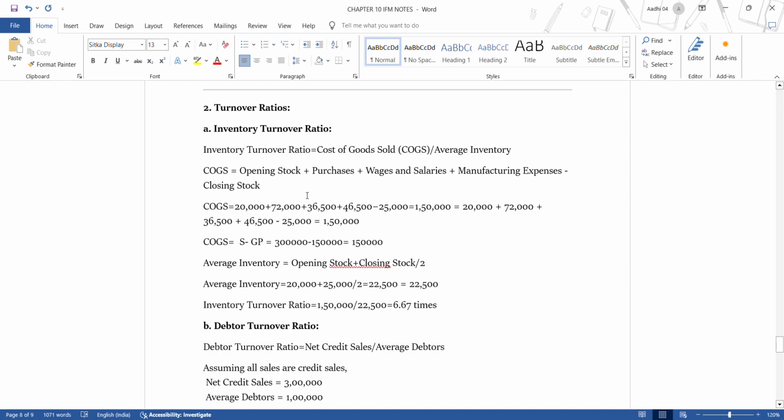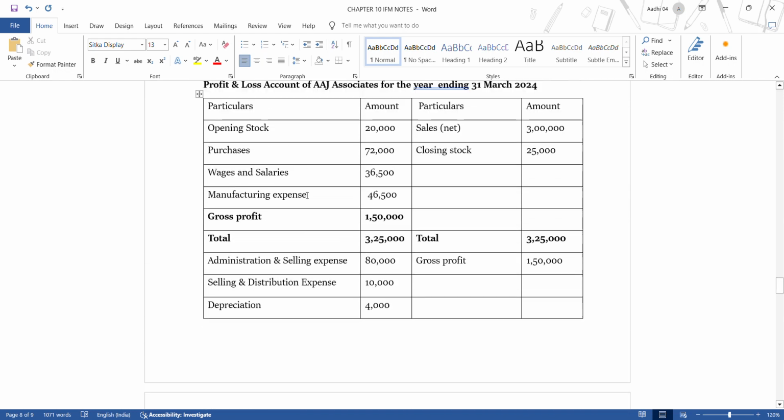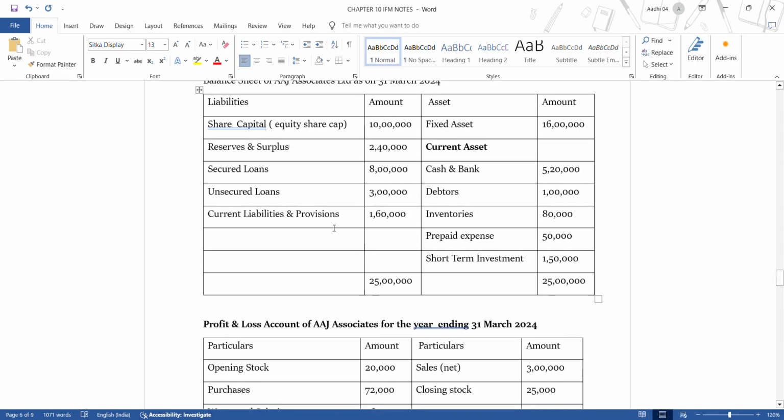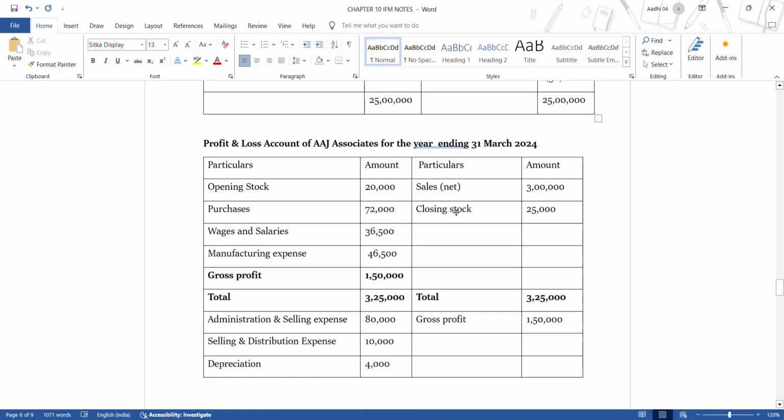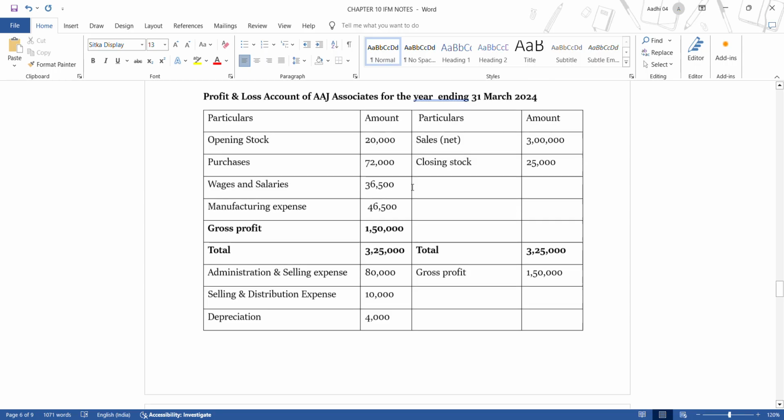Again I am telling, if the question is not in the tabular form and sales is not given, what you have to do is add your debit side minus your credit side.